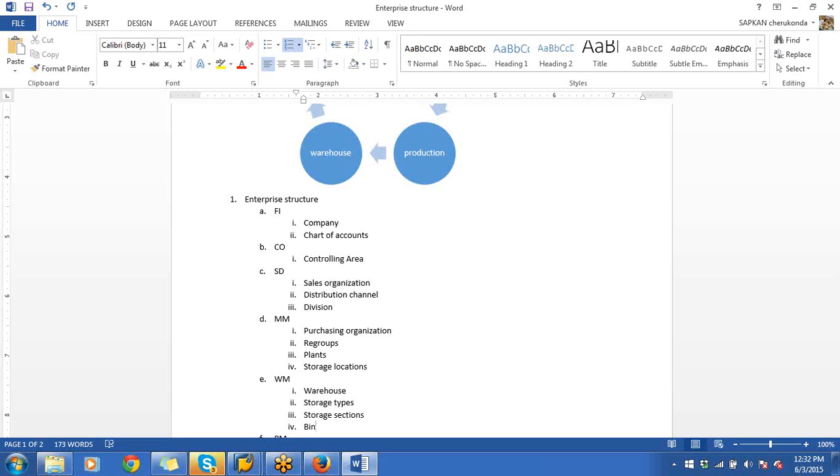So even though a storage location is a place where you store the stuff, a warehouse is also a place where you store the stuff. But a warehouse is well organized. A storage location is not organized. You just throw it. It is somewhere, you don't know where it is.